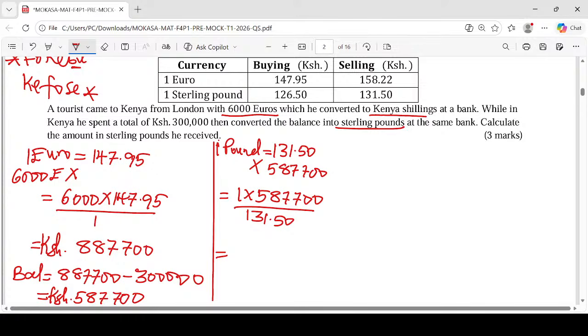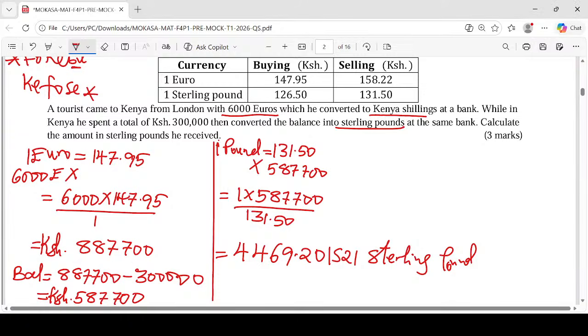This is going to give you 4,469.201521 sterling pounds. That is how you respond to that particular question.